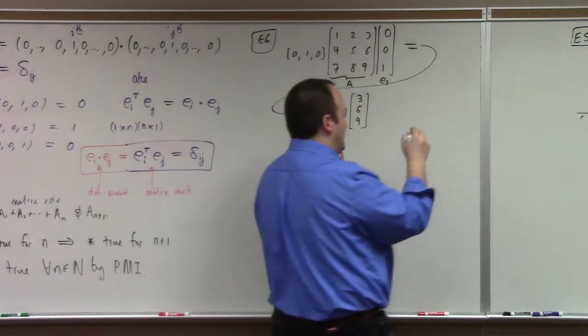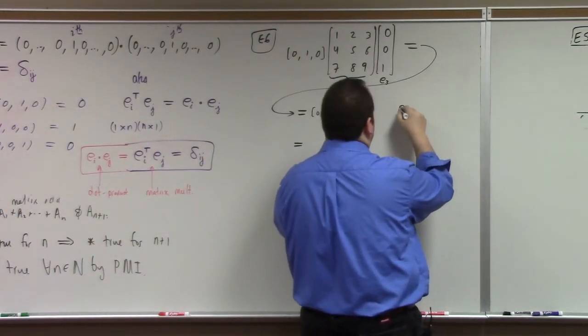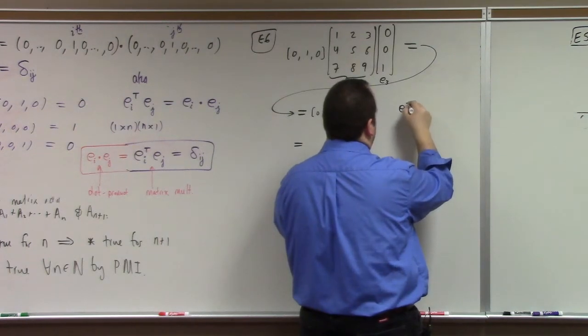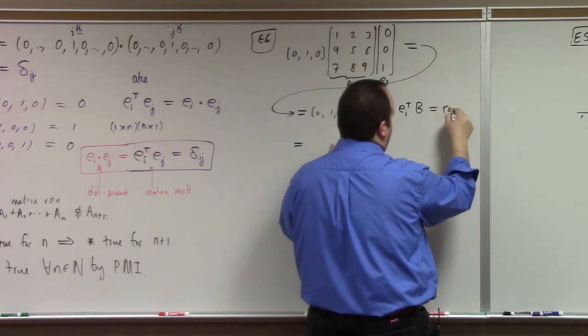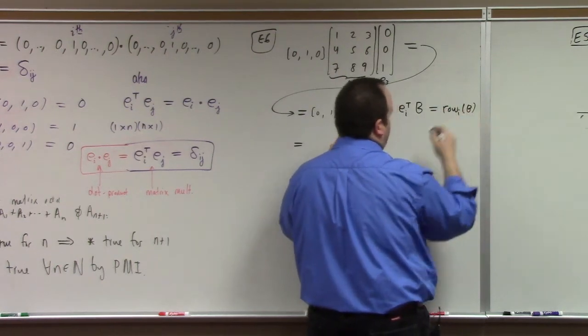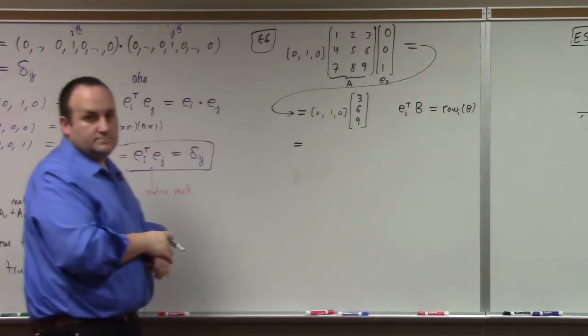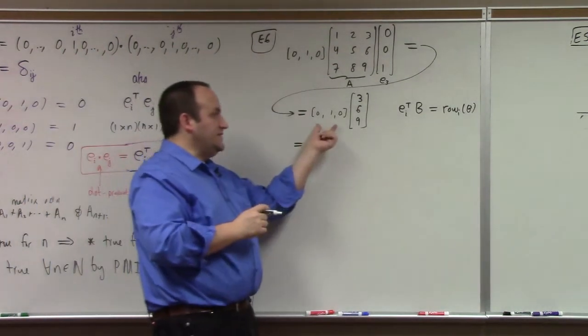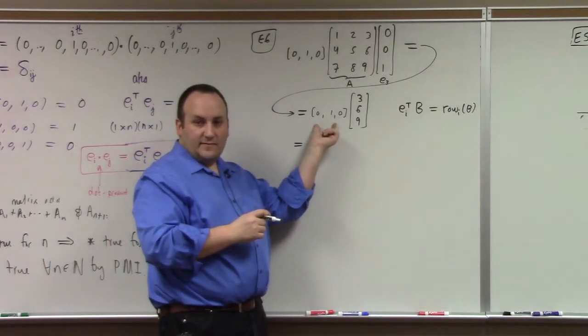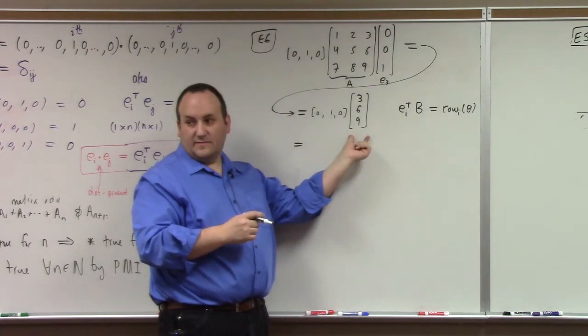Actually, there's another result: if I take e_i transpose times a matrix, let's say B, that's equal to row i of B. So this is e_2 transpose times B. What's it going to do?